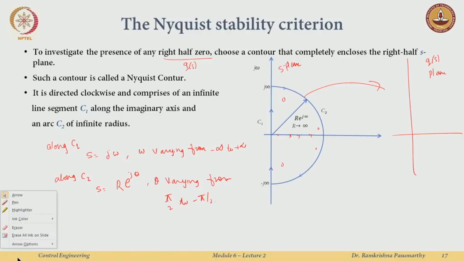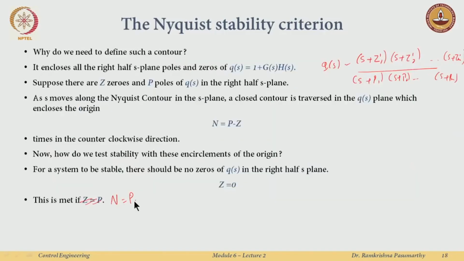There might be a P1 sitting here, P1, P2, P3, P4 and so on. If there are 4 of these sitting here, then this N should be equal to 4.